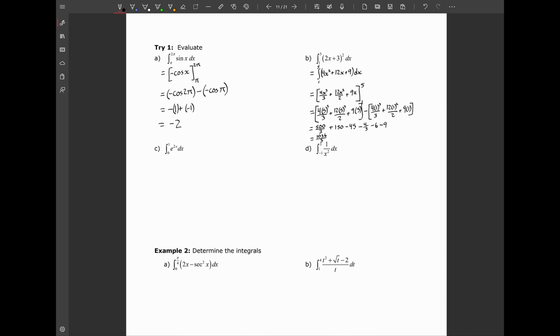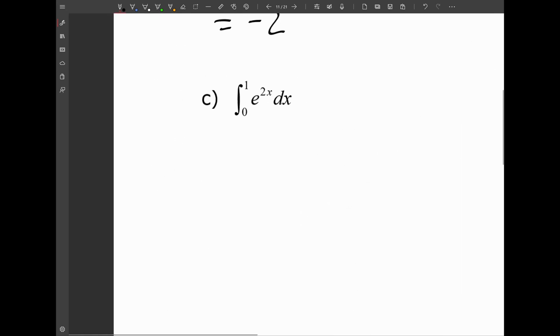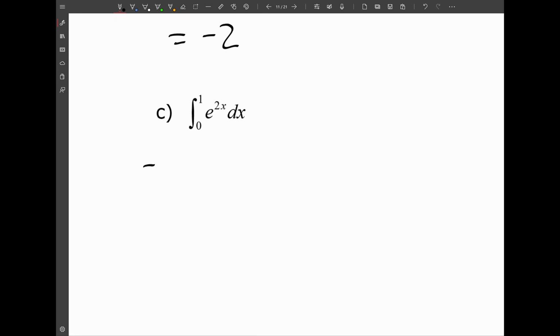All right. So that one's not too bad. Let's take a look at this guy. All right. We know how to do these. The antiderivative of e to the 2x is e to the 2x over 2. And we're taking that from 0 to 1.